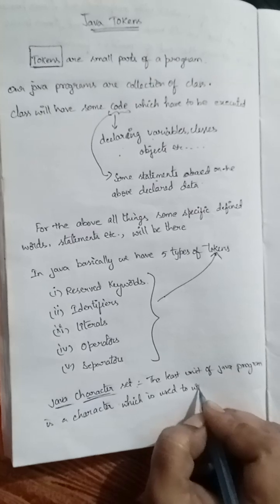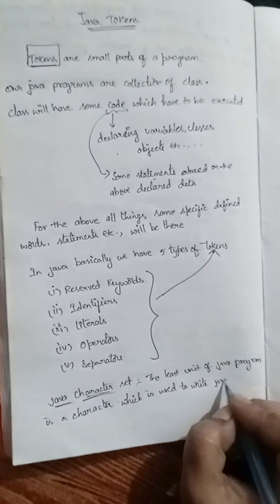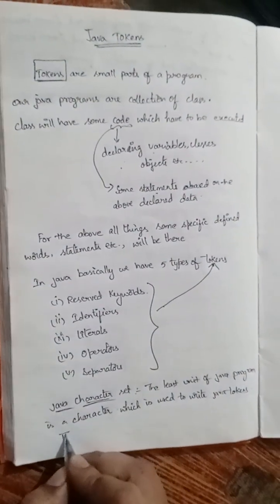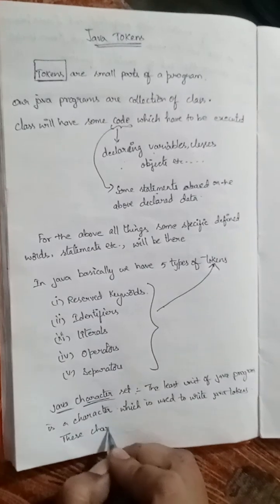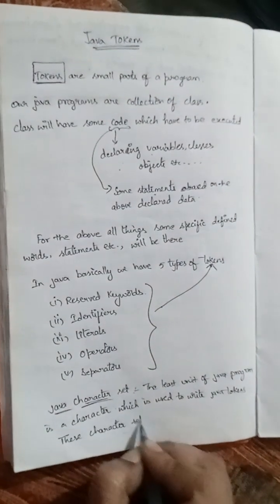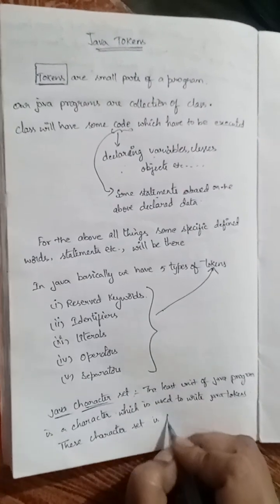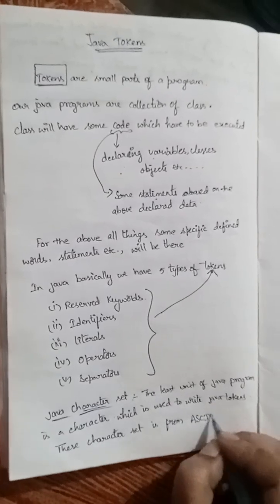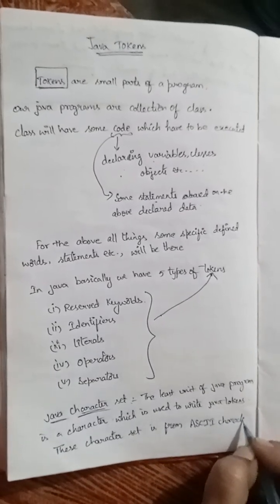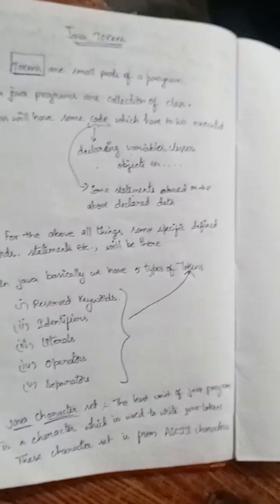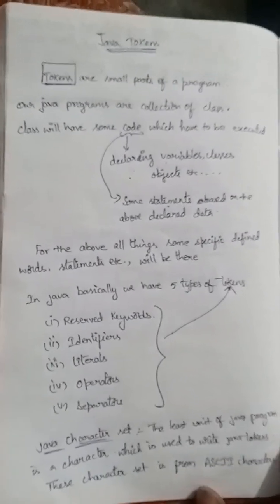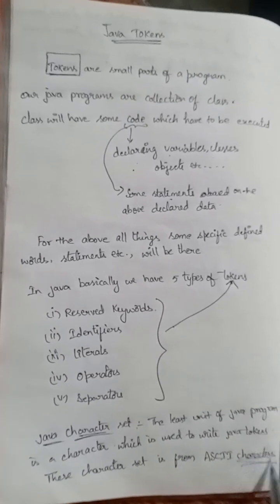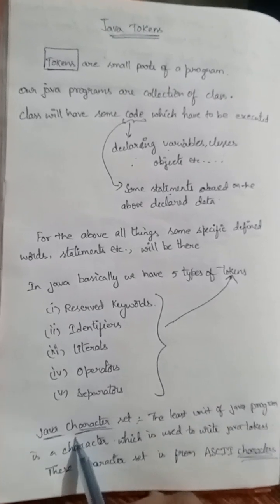And this character set is from ASCII characters. In Java, generally, we'll use the ASCII characters as the character set for writing the tokens of Java.